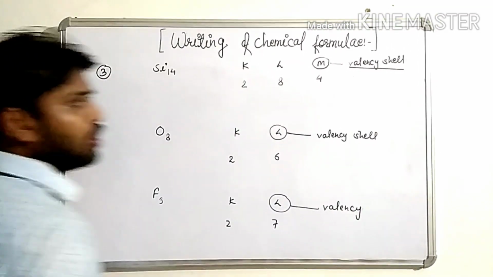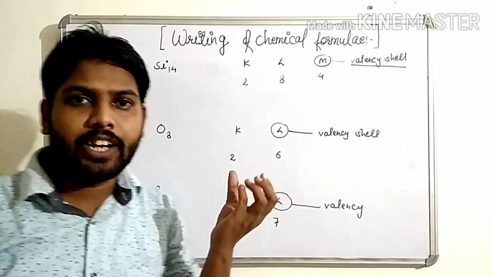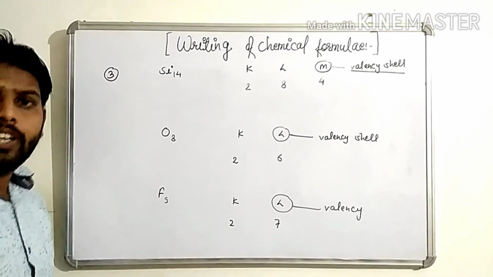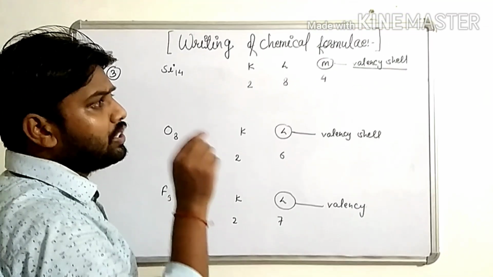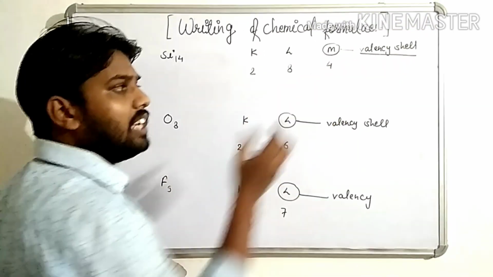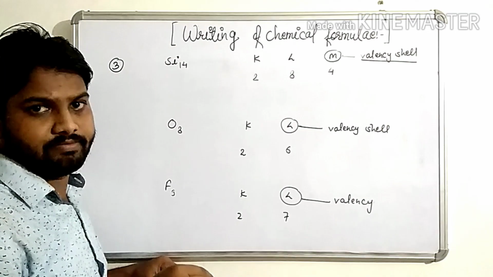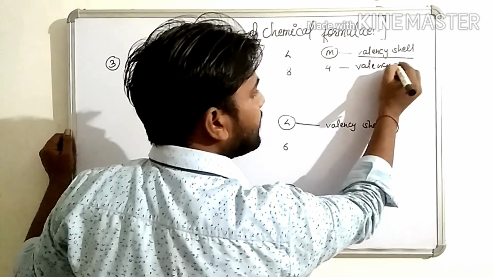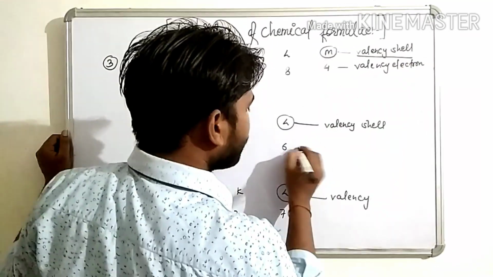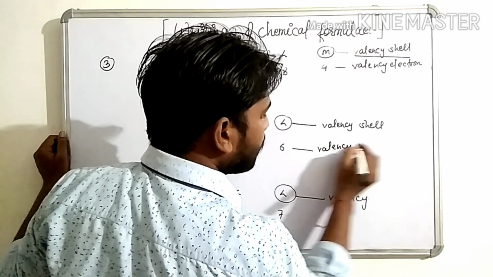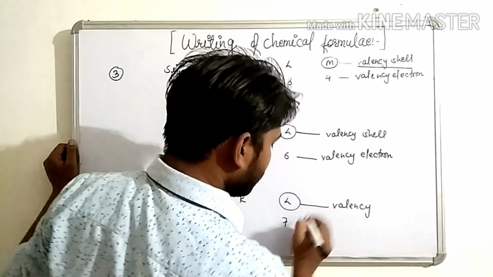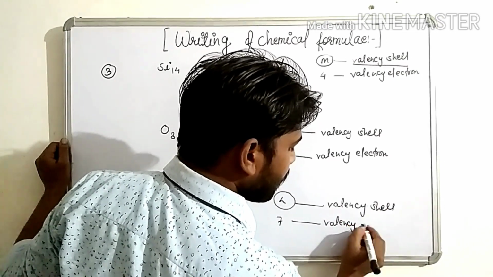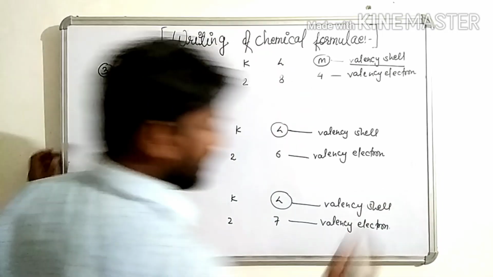Concept clear children? The outermost cell of an atom is called the valency shell, and the electrons which are present in the valency shell are known as valency electrons.